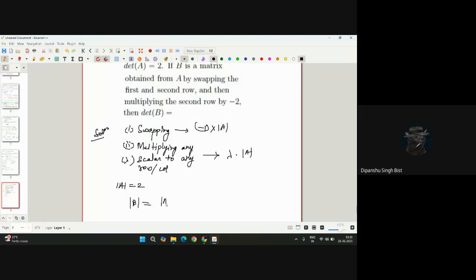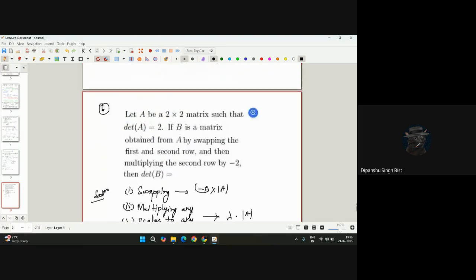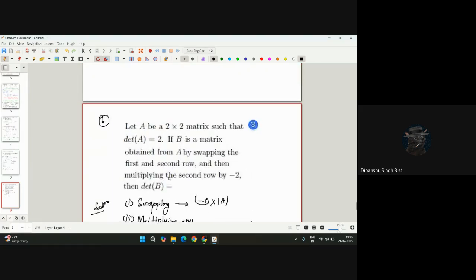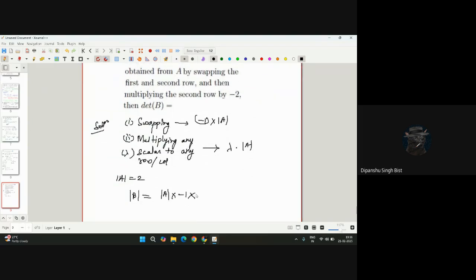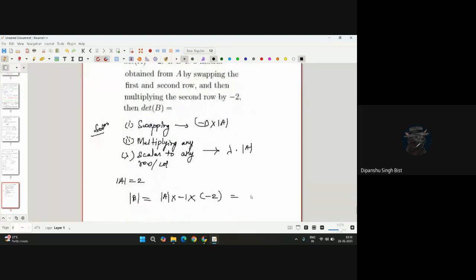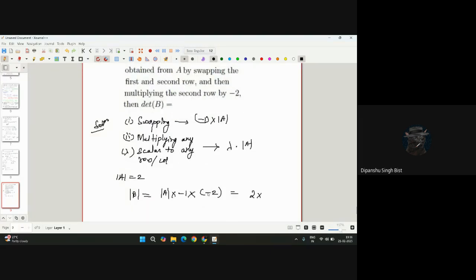That means first you are going to multiply the determinant of A with -1, and then after that you are multiplying the second row. So you multiply a row with a constant. That means you will have to multiply the value with the same constant, -2. So what was the value of determinant of A? It was 2 initially, correct? So 2 times -1 times -2 becomes 2 again, and it's 4.